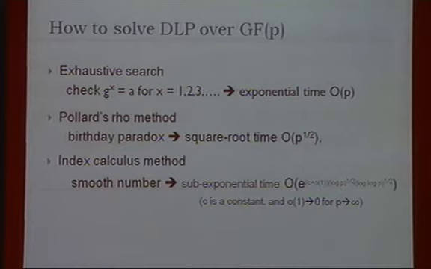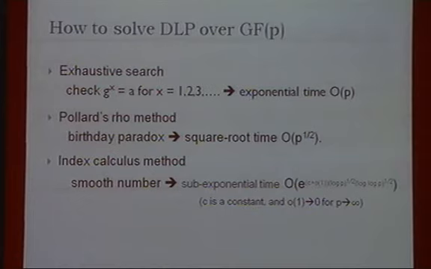This is because of the combinatorial properties of smooth numbers. And here you can see log p squared. Here is log p squared. Therefore this is between exponential time and polynomial time, log p to the n. It is in between, therefore we call it sub-exponential time in this case.